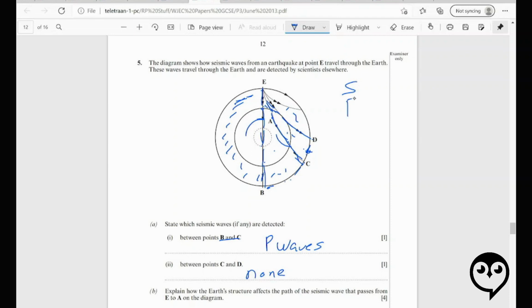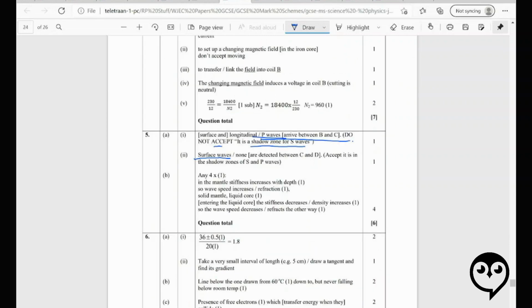And then you've got your P waves, which are longitudinal, fast, and go through liquid and solid. And then you've got surface waves. So I guess we could have said surface waves. But they're saying surface waves or none are detected. It's in the shadow of S and P waves. Okay. I hope that makes sense.